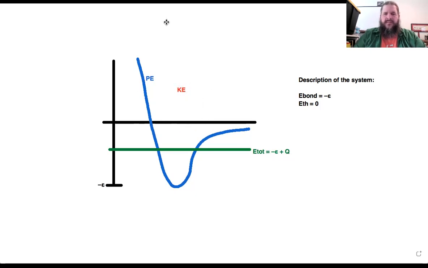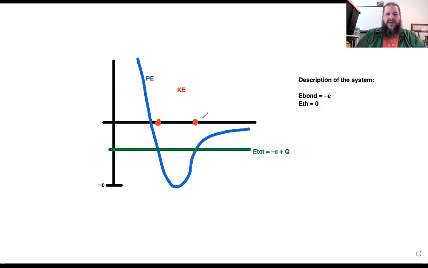First of all, we can start by drawing out the 0 points as before. We look for locations where potential energy meets E total. So here's a location where potential energy is the same as E total, so that's going to be no kinetic energy.